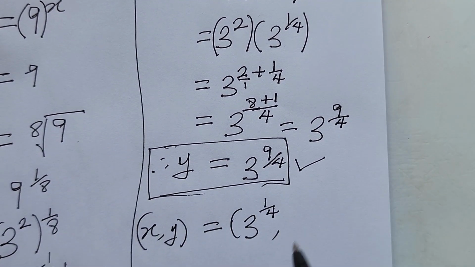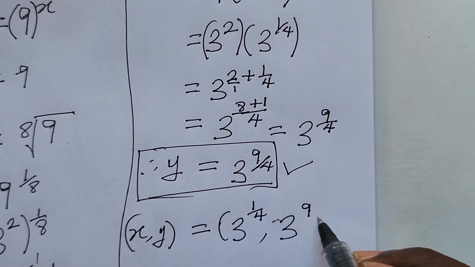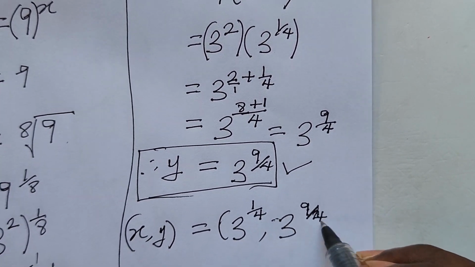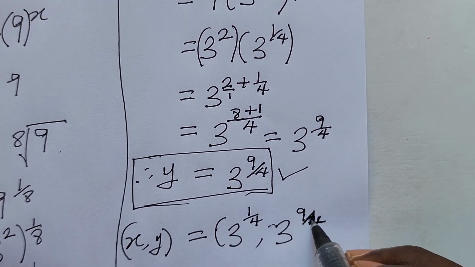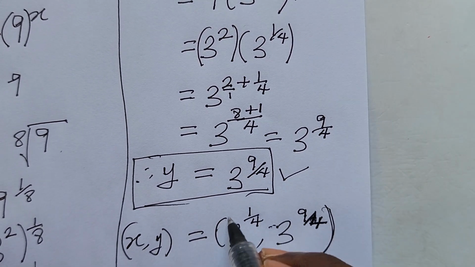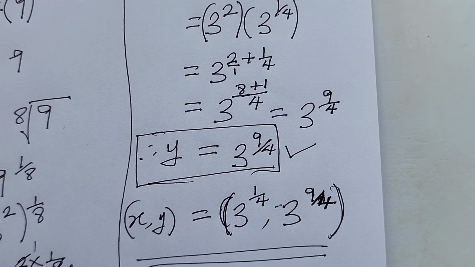Comma then our y we have 3 to the power of 9 all over 4. Right, this is 4, please. All right. So these are the pair of roots that will satisfy our original equation.